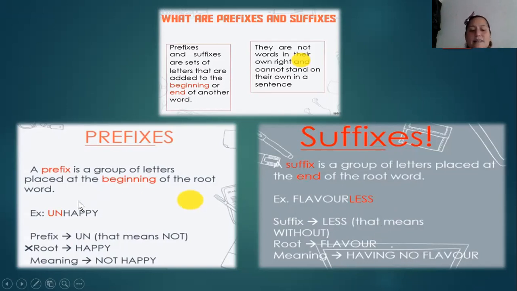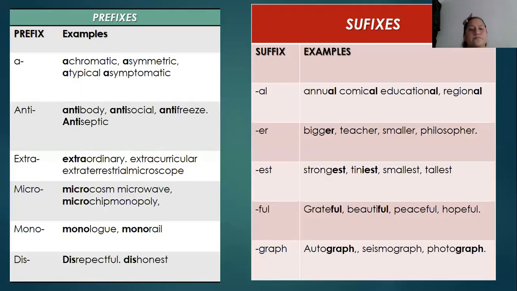Please pay attention in this part because in the next exercise I'm going to ask about that. Some of the examples we have are anti, extra, micro, mono, dis. These prefixes we are going to use before the word.